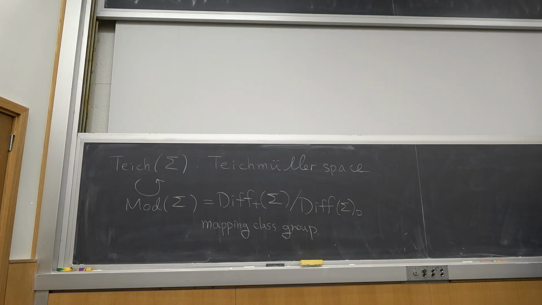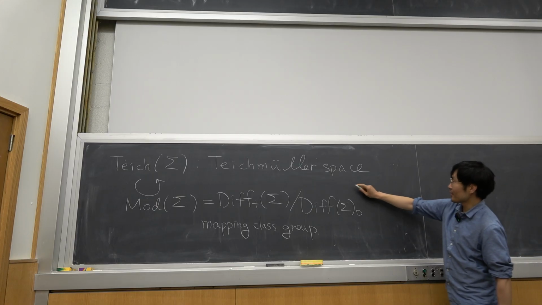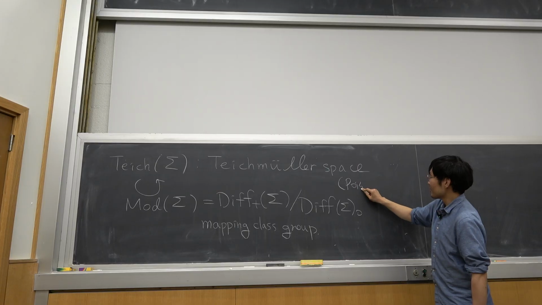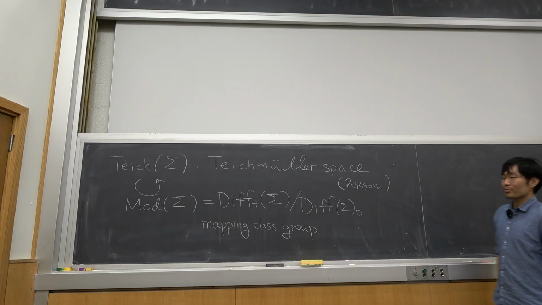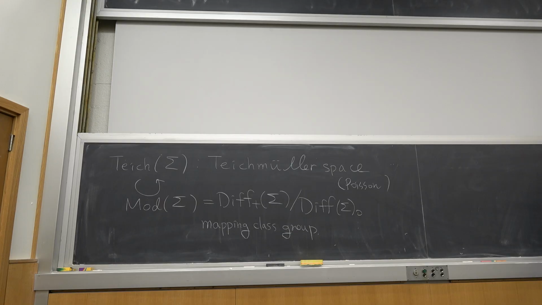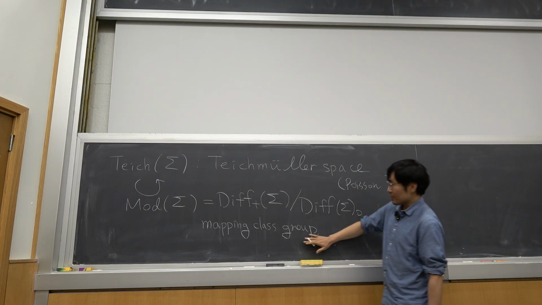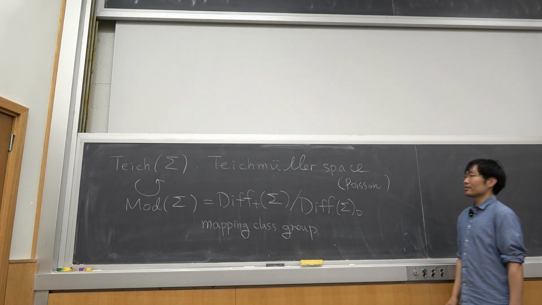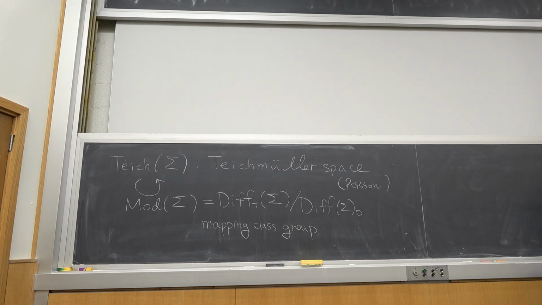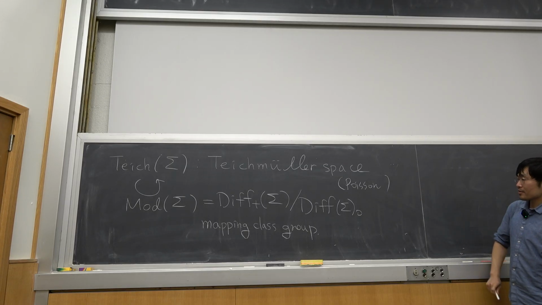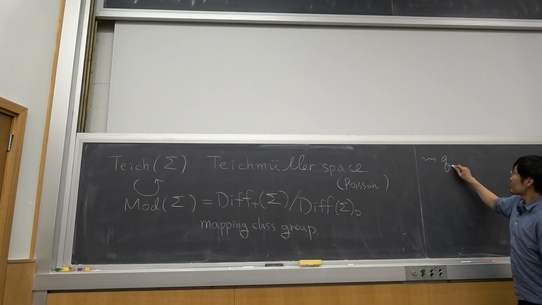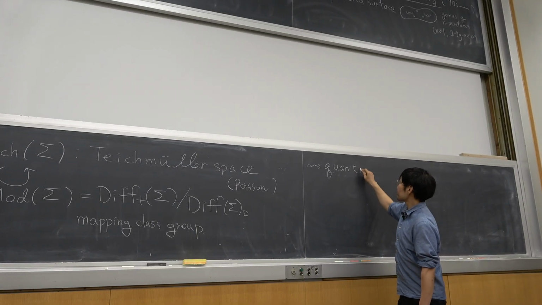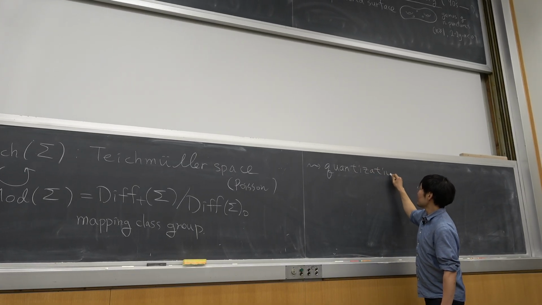So I didn't even say there's a Weil-Petersson Poisson structure. Therefore, it makes sense to quantize this manifold together with this group action in a certain consistent way. But as I said, I'm not going to go into so much detail. So it's kind of the basic setting. So we will consider a quantization.